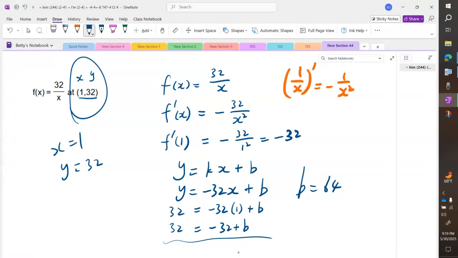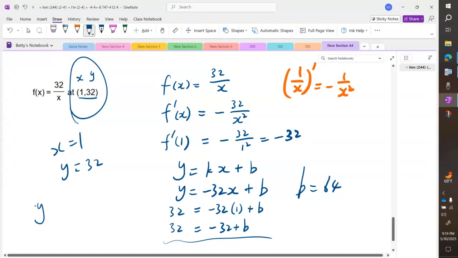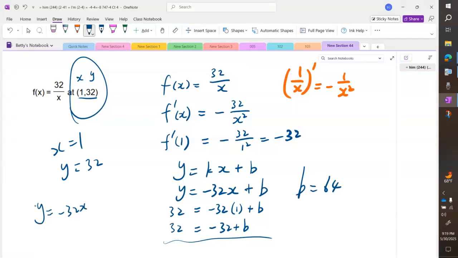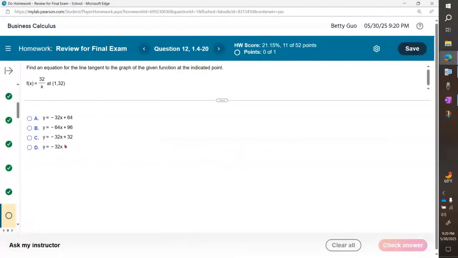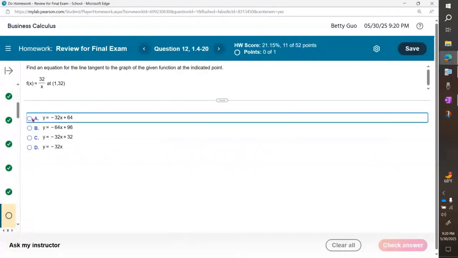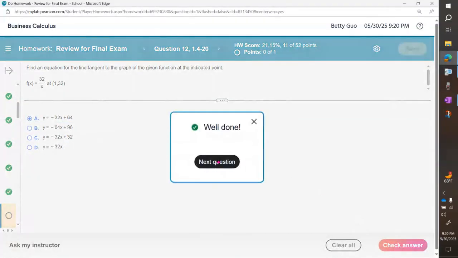So B is 64. With that found, the equation of the tangent line is y equals negative 32x plus 64. It's a multiple choice question, so negative 32x plus 64, part A. Answer choice A.